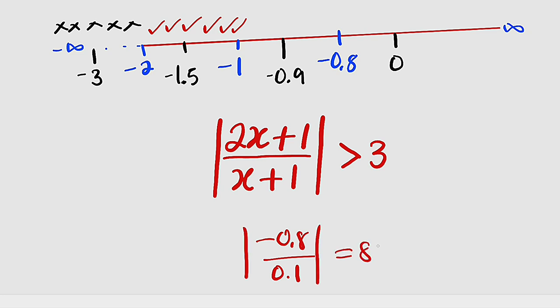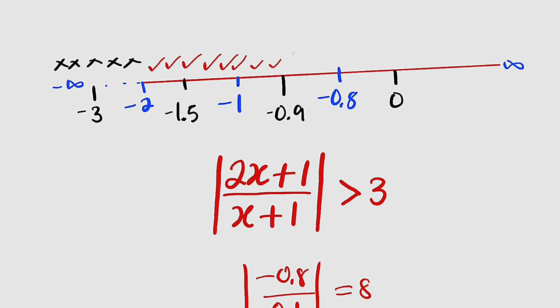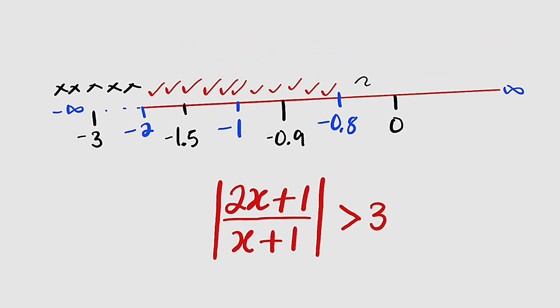That is equal to 8, and 8 is indeed greater than 3, which implies that all points between negative 1 and negative 0.8 will satisfy. Then to the right-hand side of negative 0.8, we have 0. So let's test 0. If x is 0, the top will be 1 and the bottom 1, so we have 1 divided by 1, which is 1. And 1 in absolute value is 1. 1 is not greater than 3. Hence, to the right-hand side, no value will satisfy.